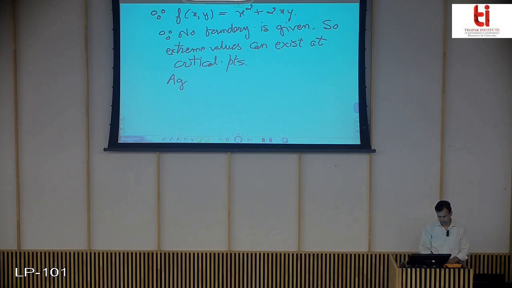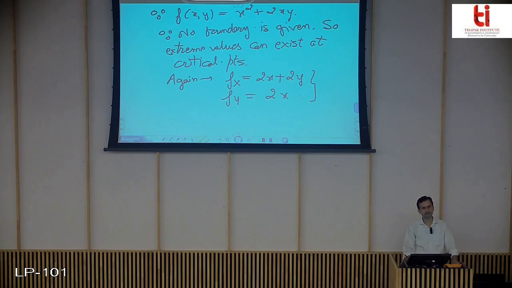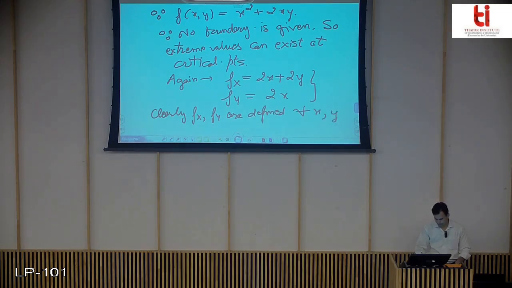Again, we see that the first partial derivative of f with respect to x is 2x plus 2y, and the partial derivative with respect to y is 2x. Clearly you can see the partial derivatives are defined for all x and y.